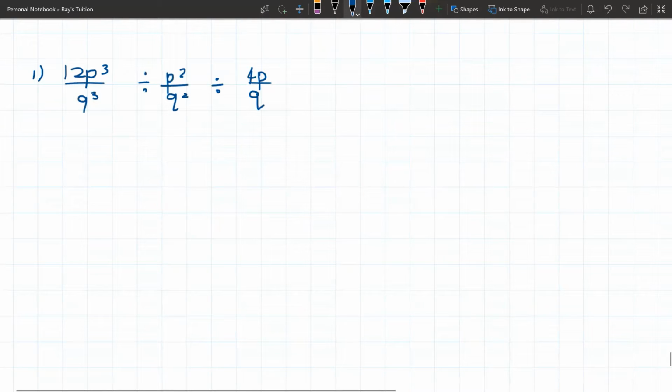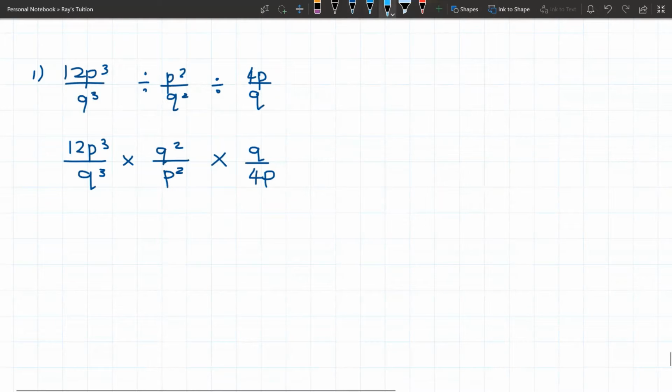Now again, the first step is we're going to do the tip and times, so replacing the division with multiplication and tipping over what is on the other side. So this here becomes times q squared over p squared, and this becomes times q over 4p. So we tip and times.